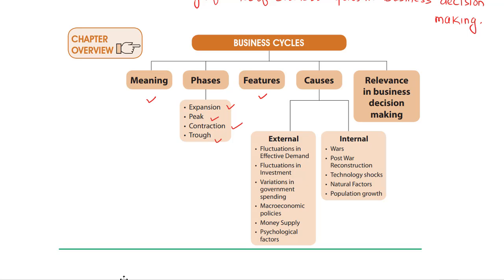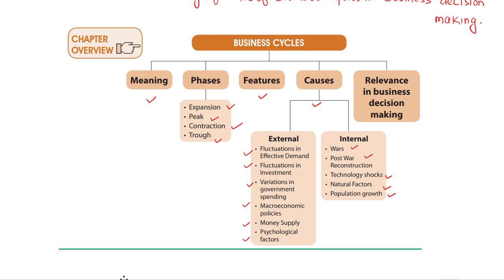The features of business cycles, the causes of business cycles: internal causes, war, post-war, technology shocks, natural factors, and population growth. External factors: fluctuations in effective demand, fluctuations in investment, variation in government spending, macroeconomic policies, money supply, and psychological factors.